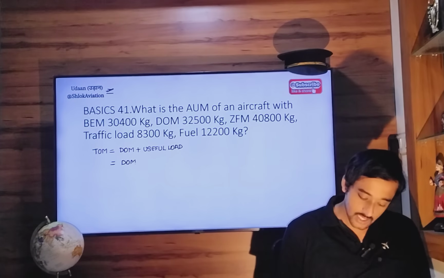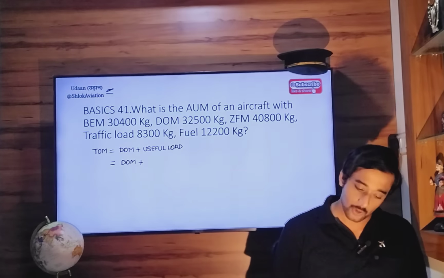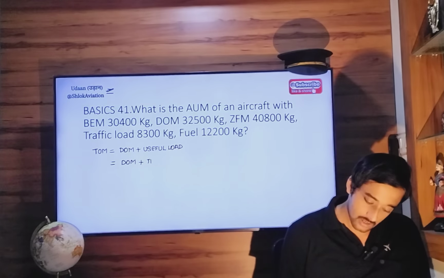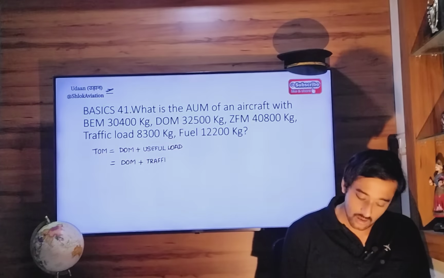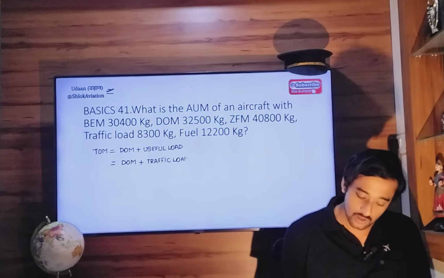Dry operating mass, useful load. In place of useful load, I'm going to write traffic load and fuel.